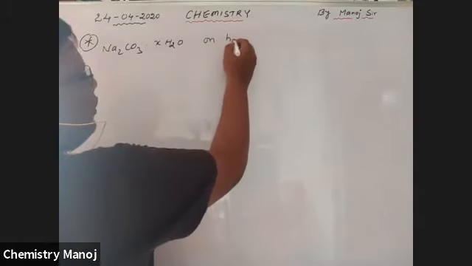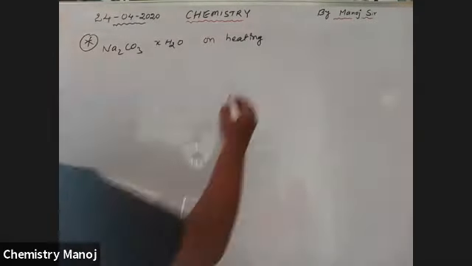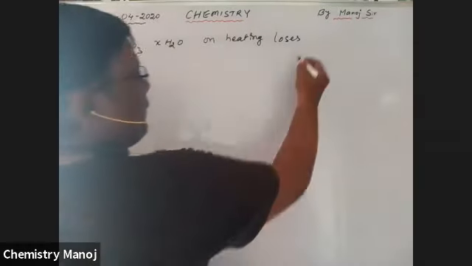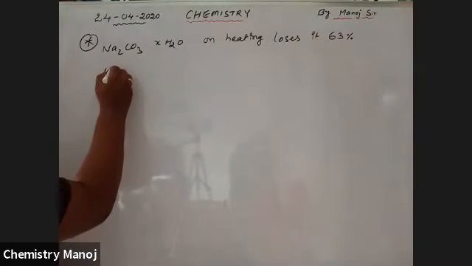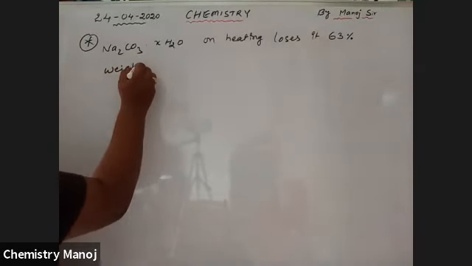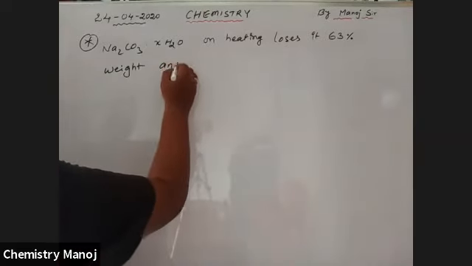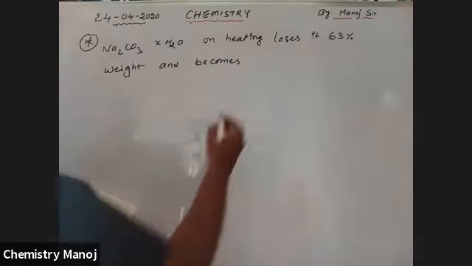Na2CO3·xH2O on heating loses its 63% weight and becomes anhydrous.